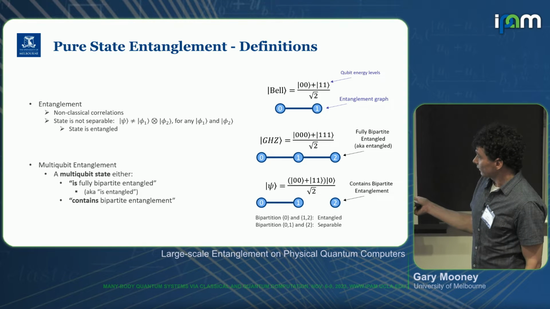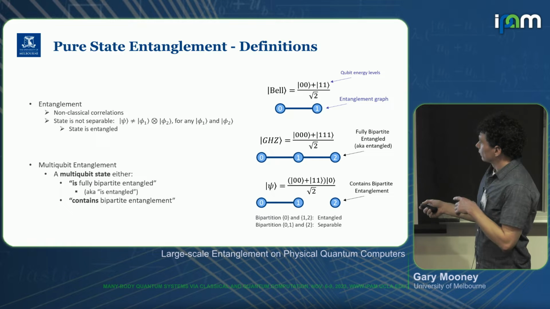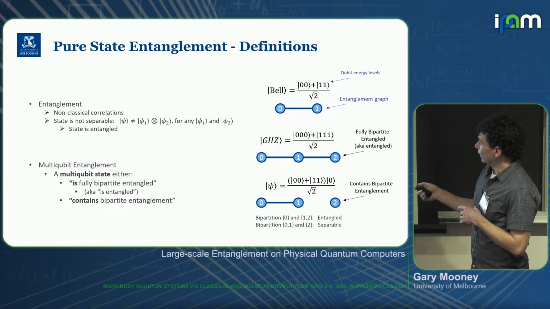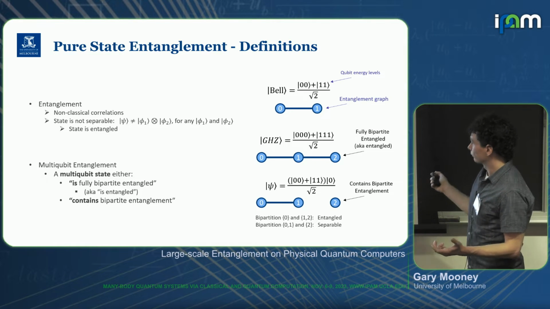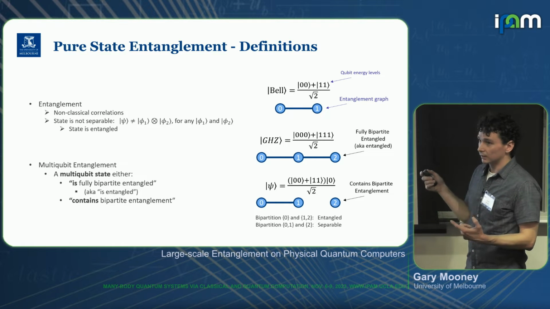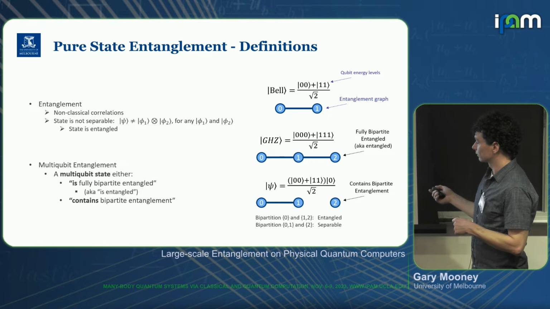For the multi-qubit case, here we've got 3 qubits and entanglement between each of them. Because it's a pure state, this whole state is entangled. In this case, we're going to say that it contains entanglement, but it doesn't necessarily mean that the state is entangled.